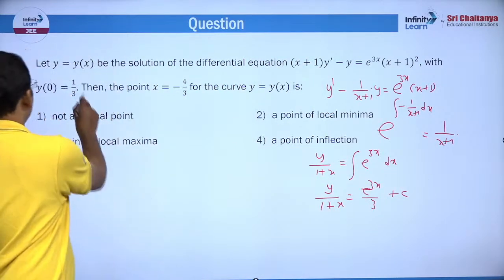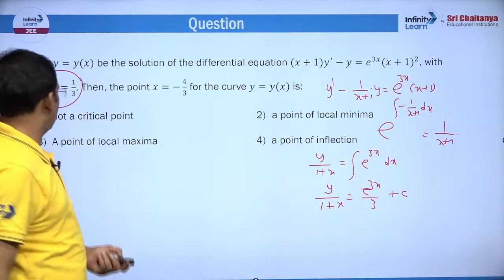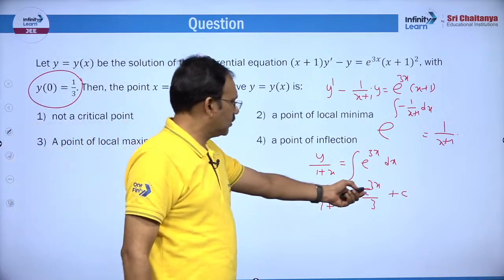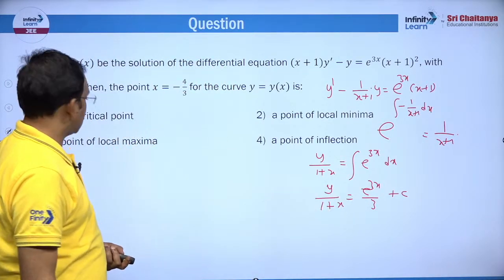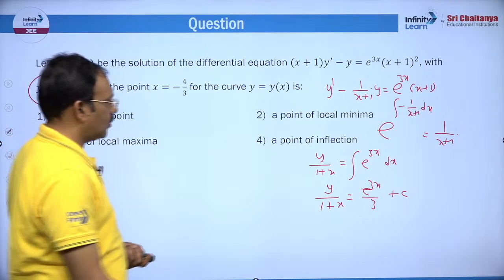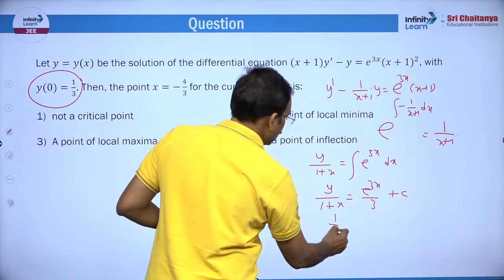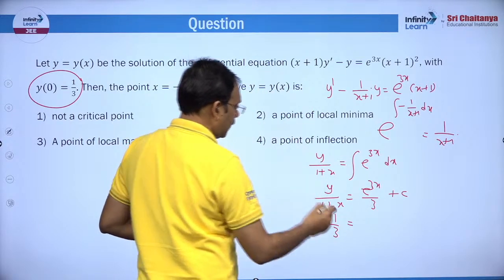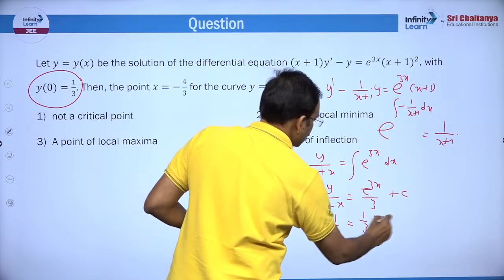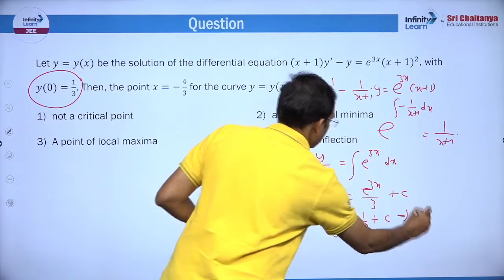Now, he has given y of 0 is 1 by 3, put x is 0, this is 1 by 3, y by 1 is c. So, when x is 0, output is 1 by 3. So, you will get 1 by 3 by 1 is equal to 1 by 3 plus c. So, you will get c is equal to 0.